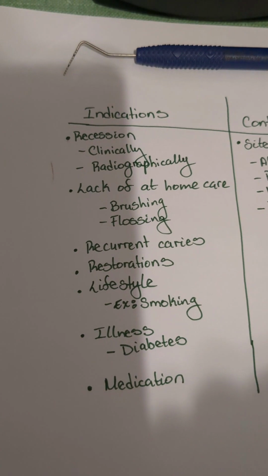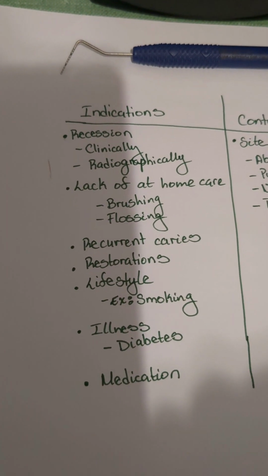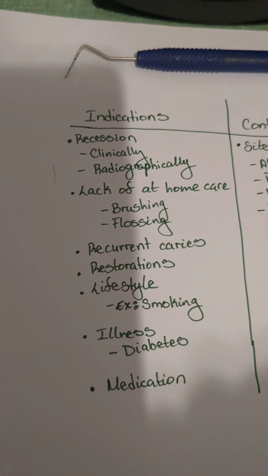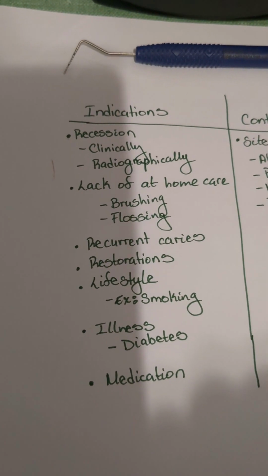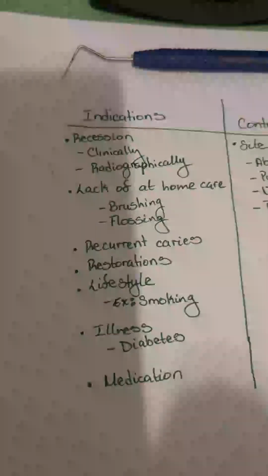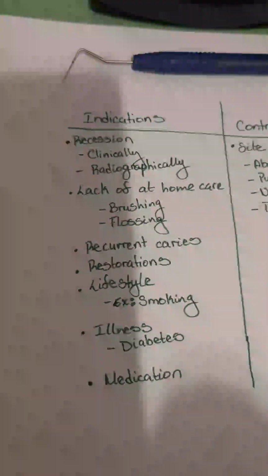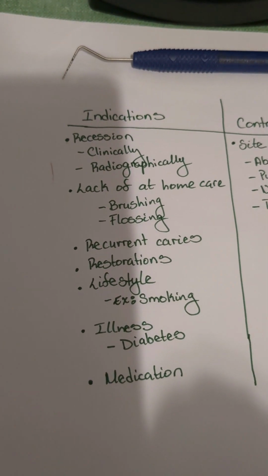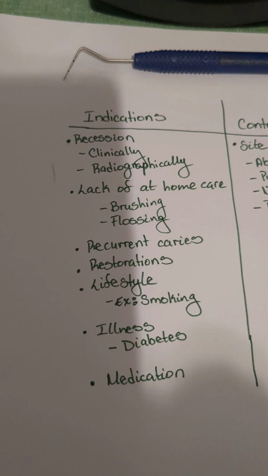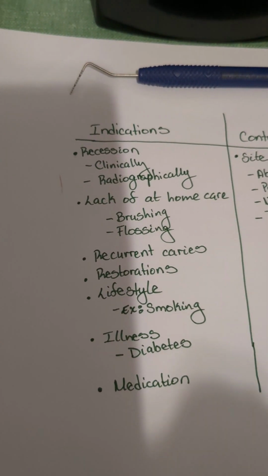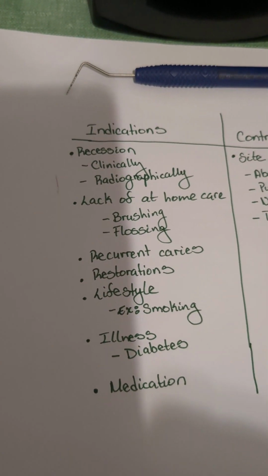Indications would be recession, seen clinically and radiographically, lack of at-home care, which would include brushing and flossing, recurrent caries, restorations, lifestyle, example smoking, illnesses, an example would be diabetes, and medication.